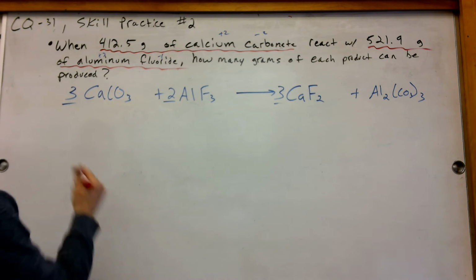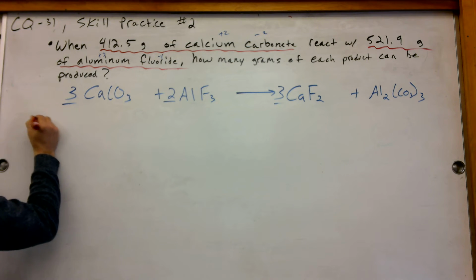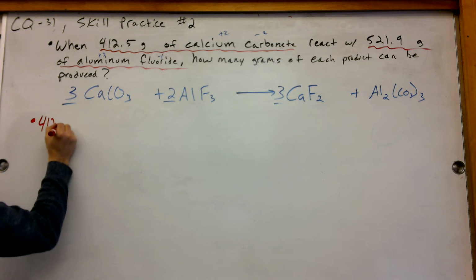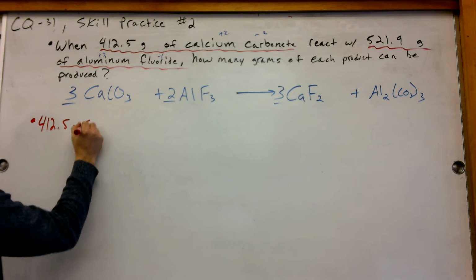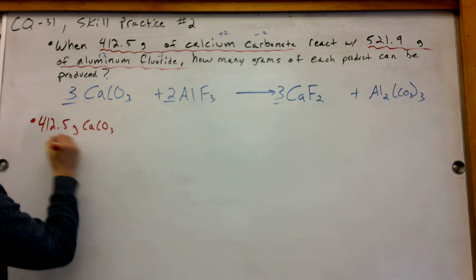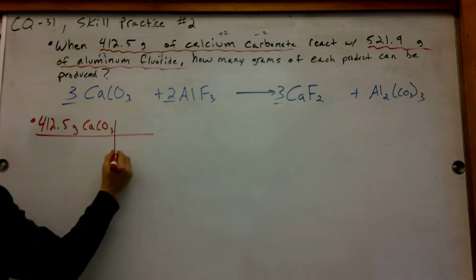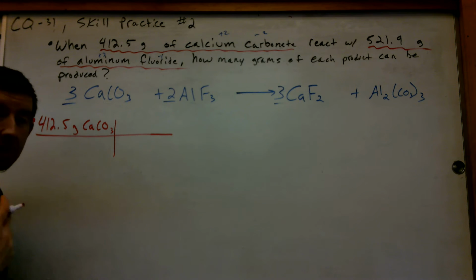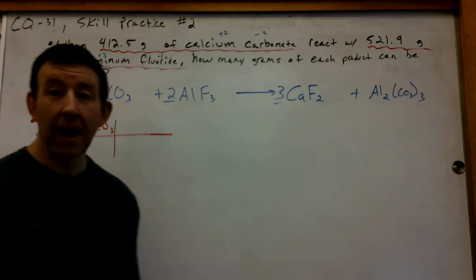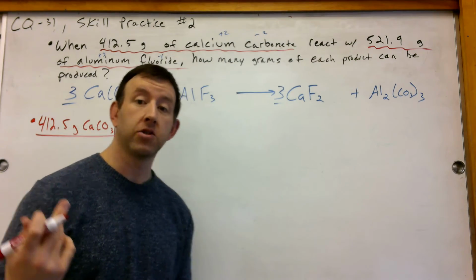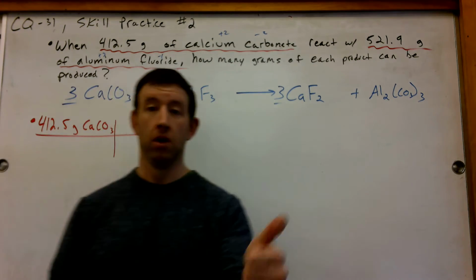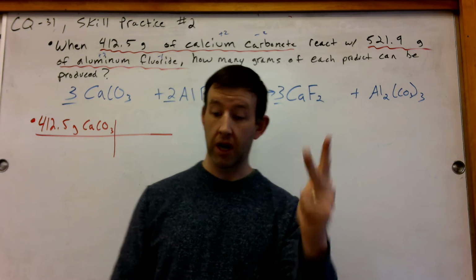All right. So I have 412.5 grams calcium carbonate, right? And I need to convert that to moles, so I'm just going to divide that by the molar mass of calcium carbonate, which would be 1 calcium plus 1 carbon plus 3 oxygens, right?